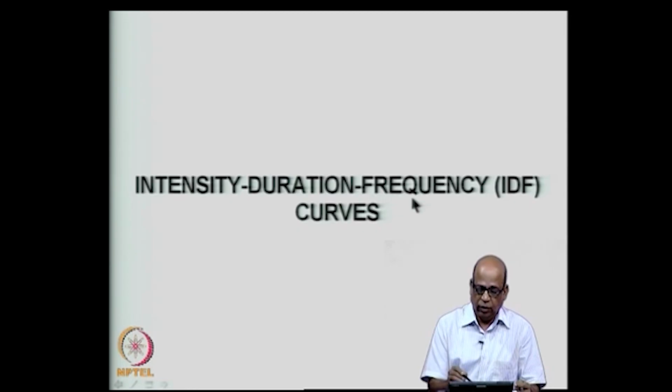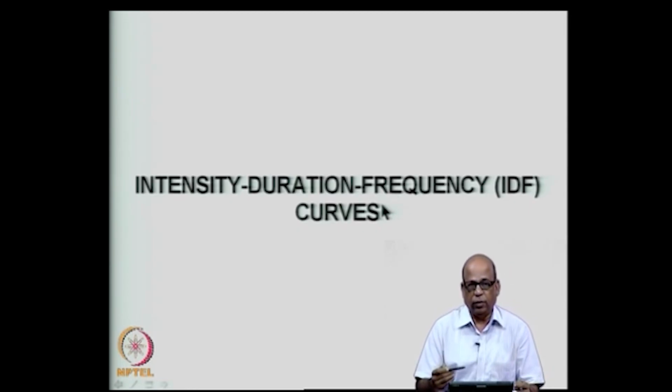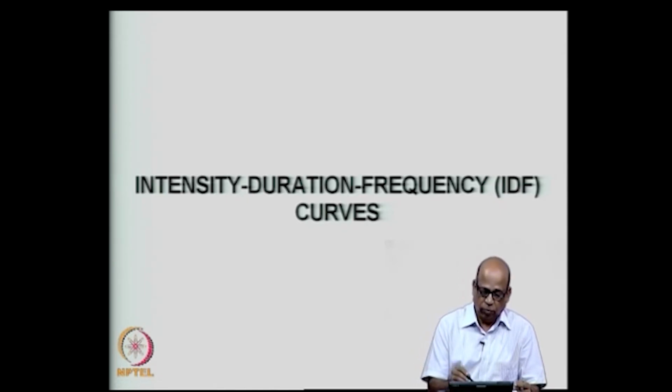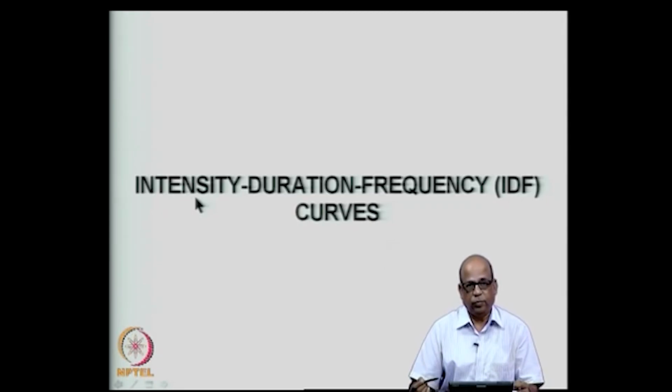and frequency is related to the return period: once in about how many years this kind of event is likely to recur. So, frequency is the frequency of occurrence of that particular intensity of rainfall. All these three are related with each other.